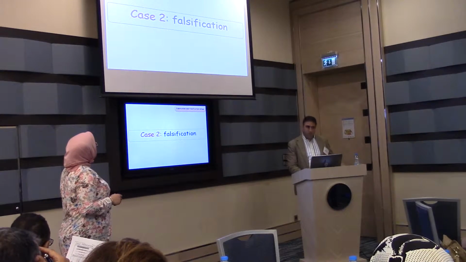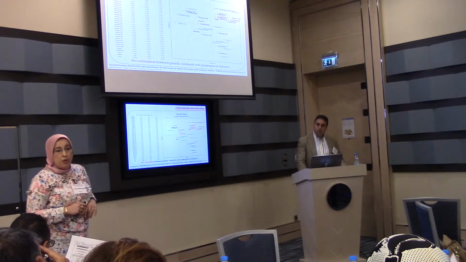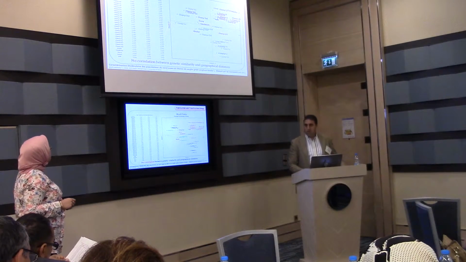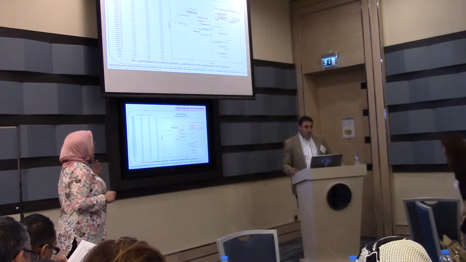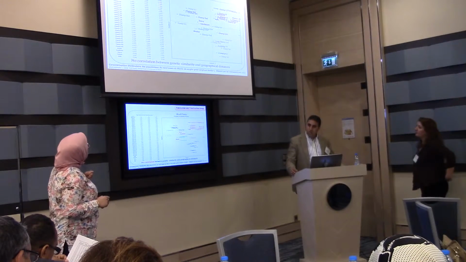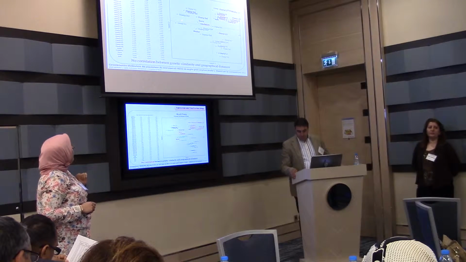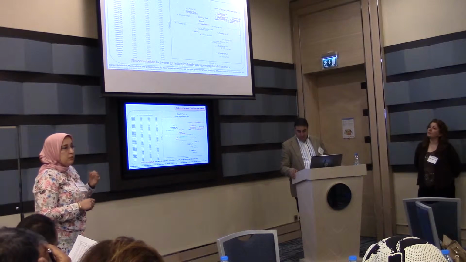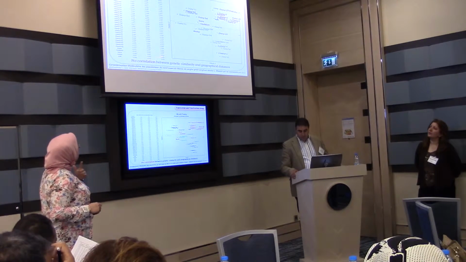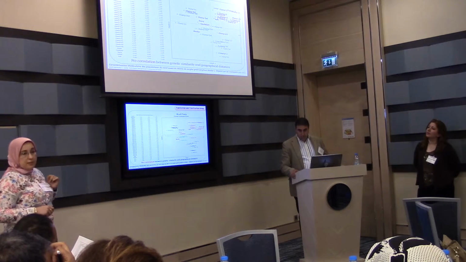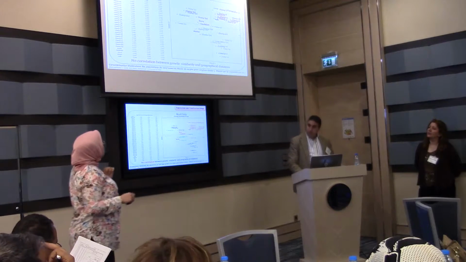The second case is the falsification, which you have in case 1 of the sheet. In the same way, data analysis of genetic diversity, we use it to prove that there is correlation between genetic similarity and geographical distances. But look at the result.